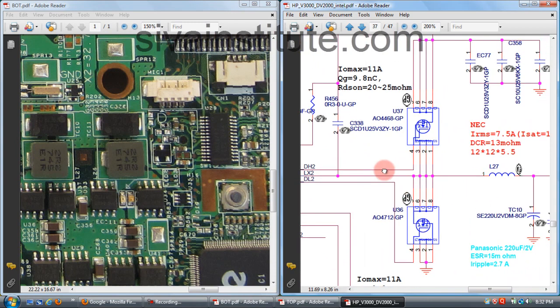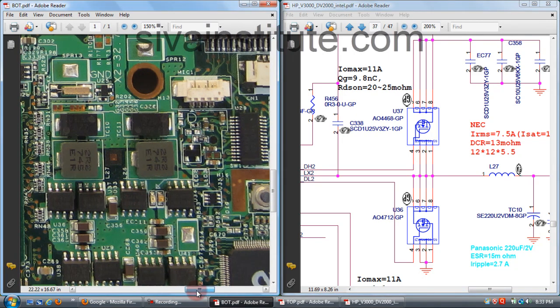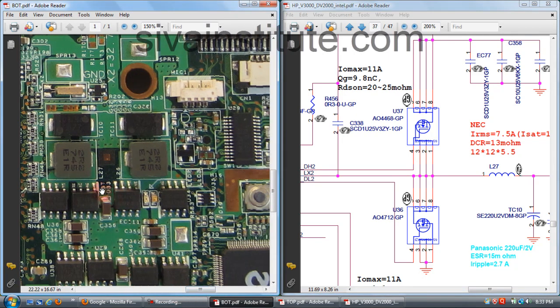See here, this is U37, this is U36. This is L27. You should check here 1.5 volts, 1.05 volts.